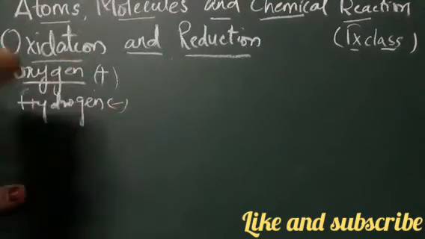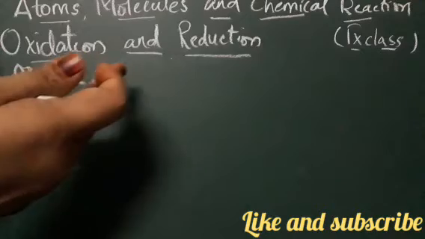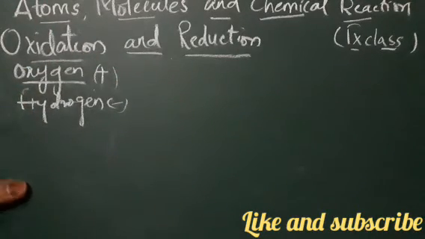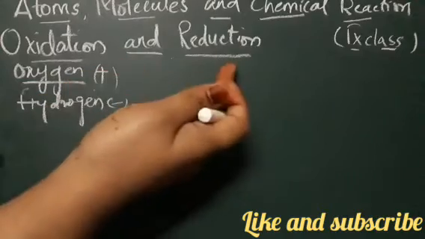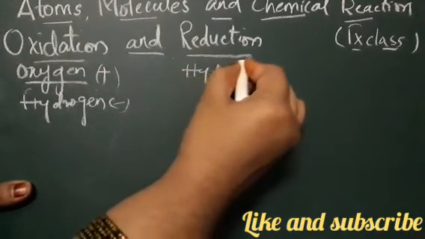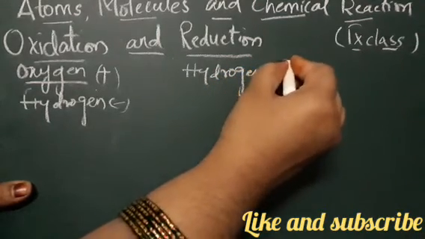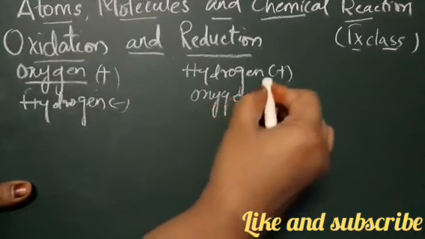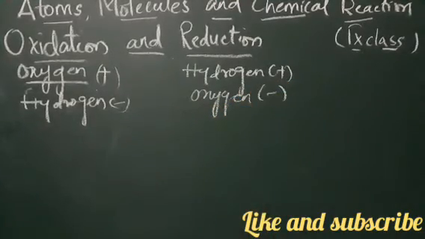In the other case, it is reverse. Addition of hydrogen and removal of oxygen is called reduction. Opposite of this is called reduction, that is, we are adding hydrogen and removing oxygen. Simple form, very easy.